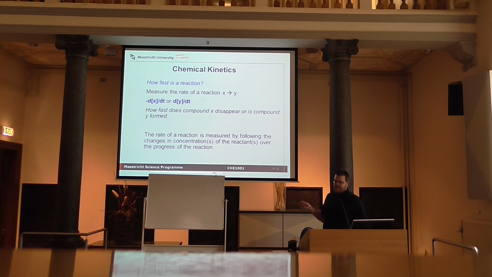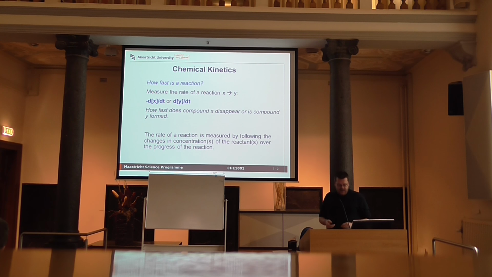That's why there's a minus sign in front there. Because of course, if you imagine a transformation X to Y, or a chemical reaction where X decomposes to Y, the product, then as time proceeds, X is going to go down in concentration, isn't it? Well, let's say X to Y, and Y will go up in concentration. So that's why there's a minus sign.